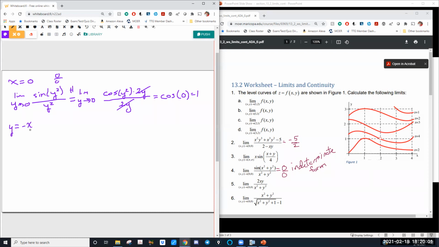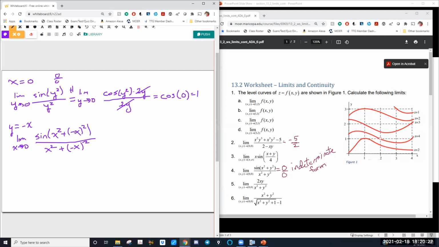So let's say we check the path y equals negative x. That means we're plugging in negative x for all of our y's. And this just becomes x going to 0. So we end up with the limit as x goes to 0 of sine of x squared plus negative x squared over x squared plus negative x squared.